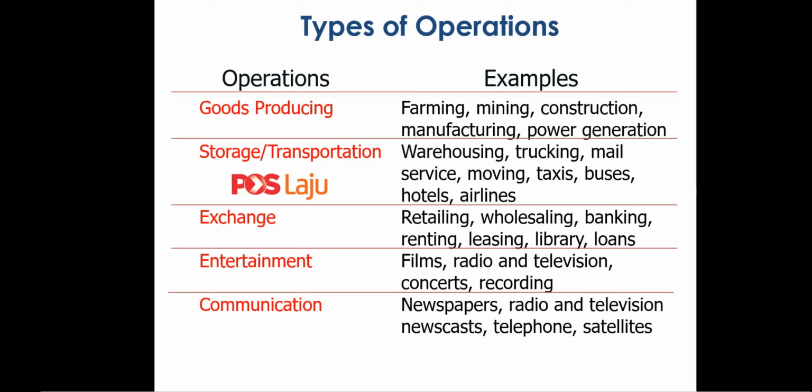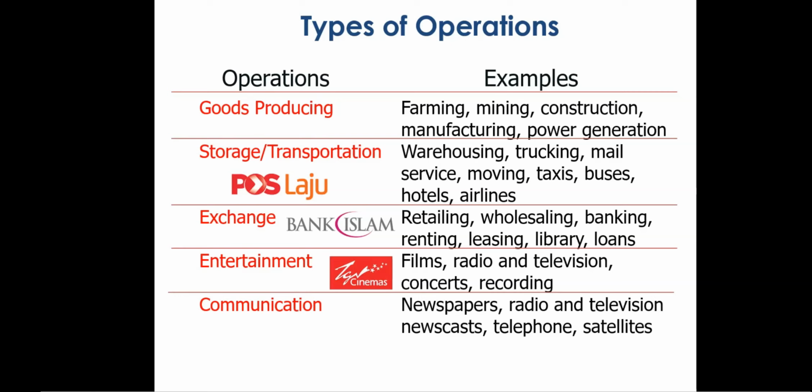Exchange means that there's a transaction. It can be in monetary form, which happens in banks, and also in the library. We borrow books, so there's an exchange there. And also entertainment. We go for a movie, which is also considered operation, under entertainment, like for example Astro and so on.